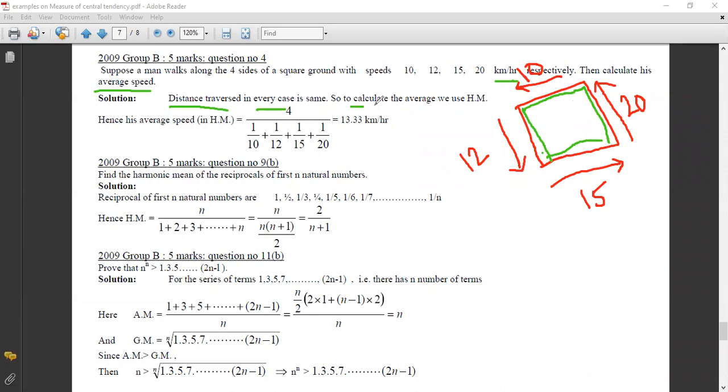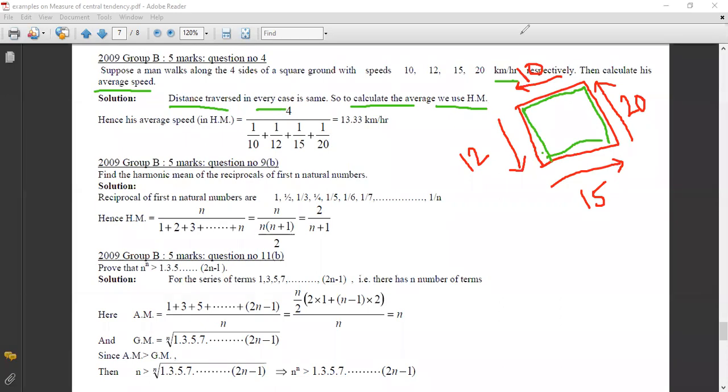So to calculate the average, we always use HM. Don't use arithmetic mean for this particular example. অনেকেই arithmetic mean ব্যবহার করতে চাইবে, this is the common practice or standard convention. We always use arithmetic mean or x bar. আমরা এটি সবসময় ইউজ করি, but for this particular example you always use HM.